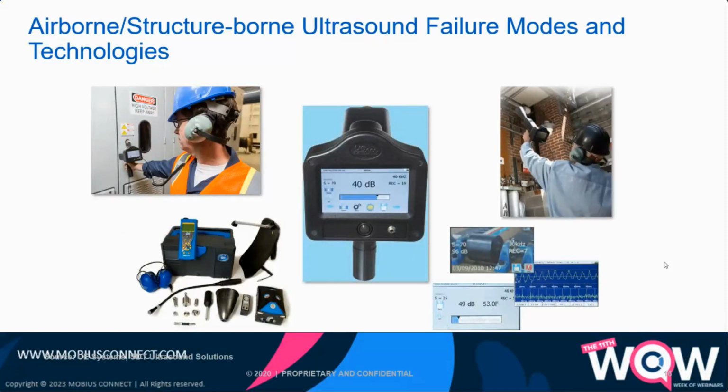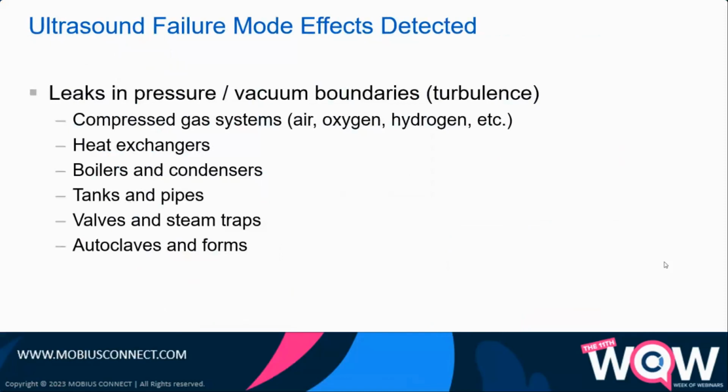Ultrasonic analysis, used widely. It has the ability to detect what we call airborne defects, also mechanical defects and electrical defects, right? Next slide, please. With respect to airborne, leak detection is a huge use for ultrasound.